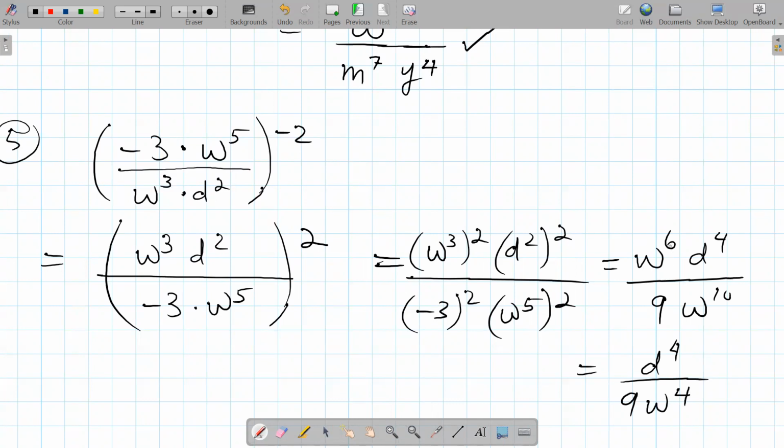And the reason is because 6 has the smallest power. You look at the W's, 6 has the smallest power. So it comes down to subtract from what? 10. 10 minus 6 is going to be 4. And that will give you your answer.